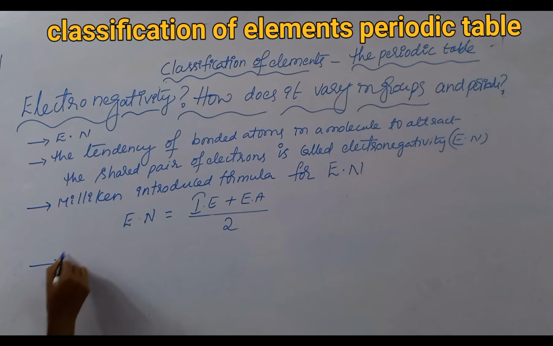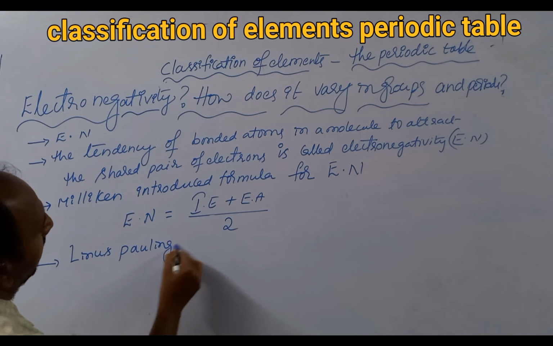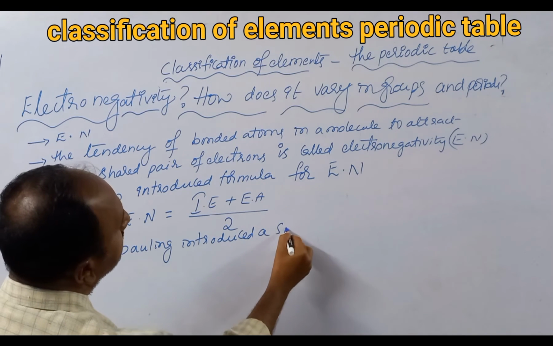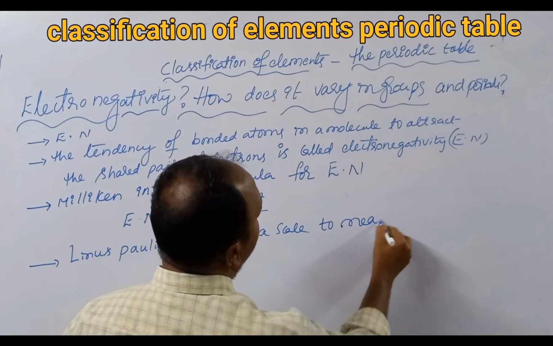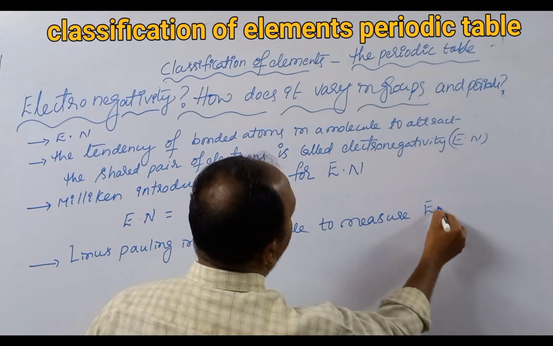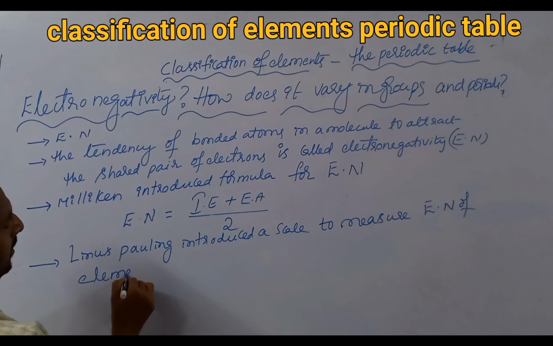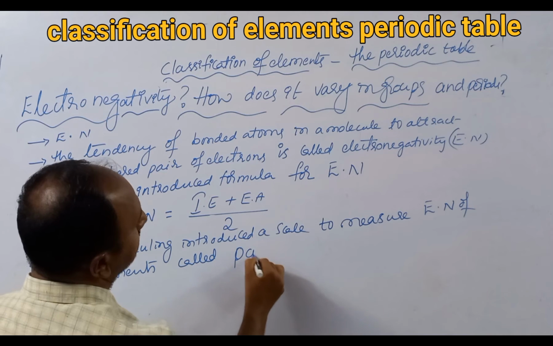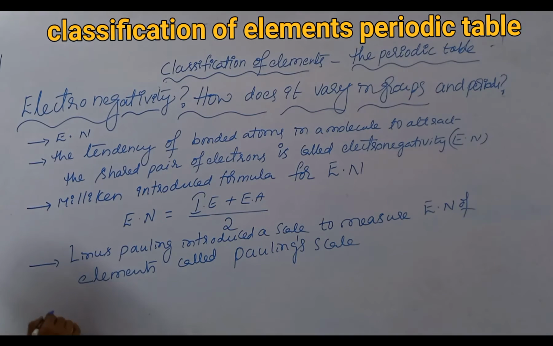Linus Pauling introduced a scale to measure the electronegativity of elements, which is called Pauling's scale. This is important for bits.